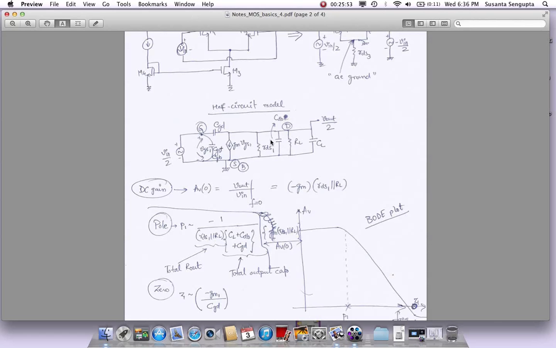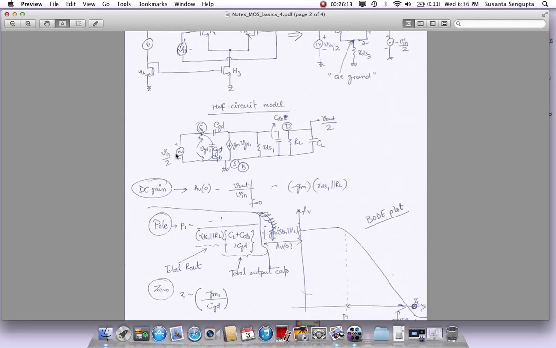Rather than going out, it's going in. That means we have to put this negative sign to force the current to go out. So the current that's going to go out is minus GM times VGS. That current multiplied by the effective parallel resistance gives you the output voltage.